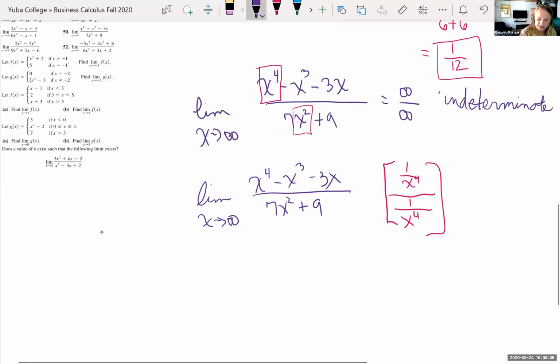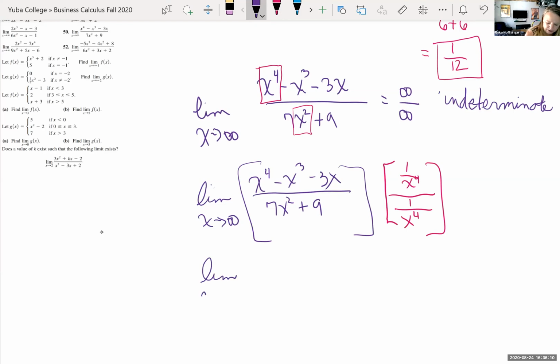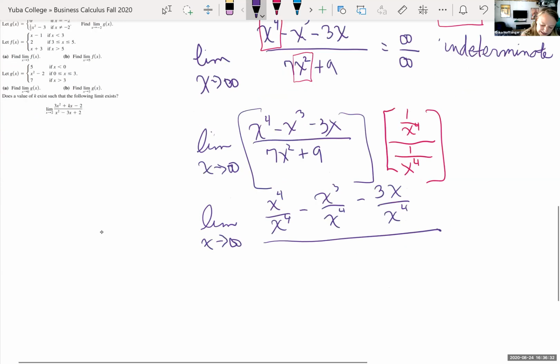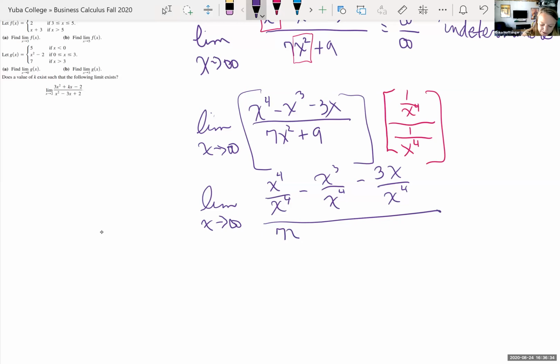So if we distribute, we get the limit as x goes to infinity of x to the fourth over x to the fourth, minus x cubed all over x to the fourth, minus 3x all over x to the fourth, all over, distributing in the denominator, 7x squared all over x to the fourth, plus 9 all over x to the fourth.